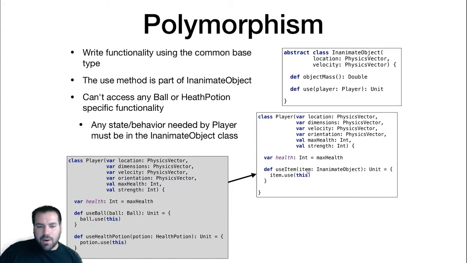I can't get ball or health potion specific functionality out of this item, but I can take any inanimate object. So any class that extends inanimate object can use this method. This method can be called with any one of those things. So useItem of some health potion, cool. useItem of a ball, cool. This one method does everything that we need for any inanimate object.